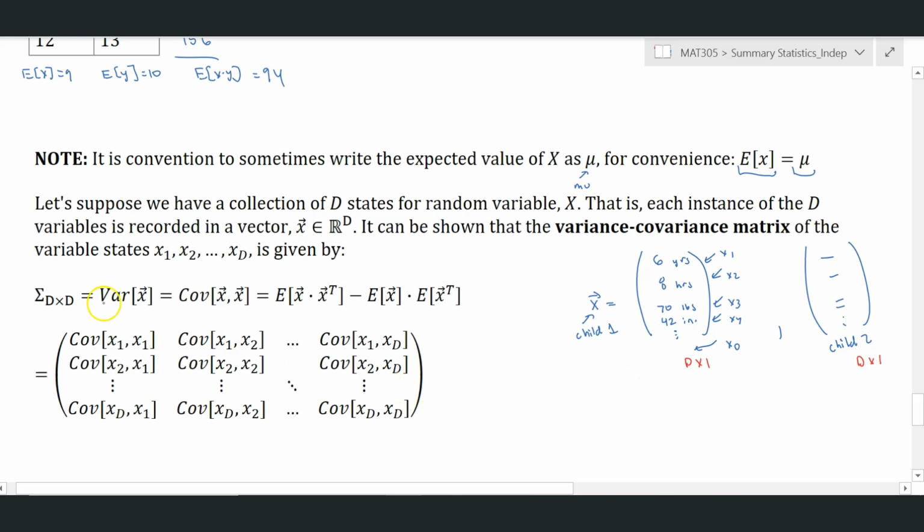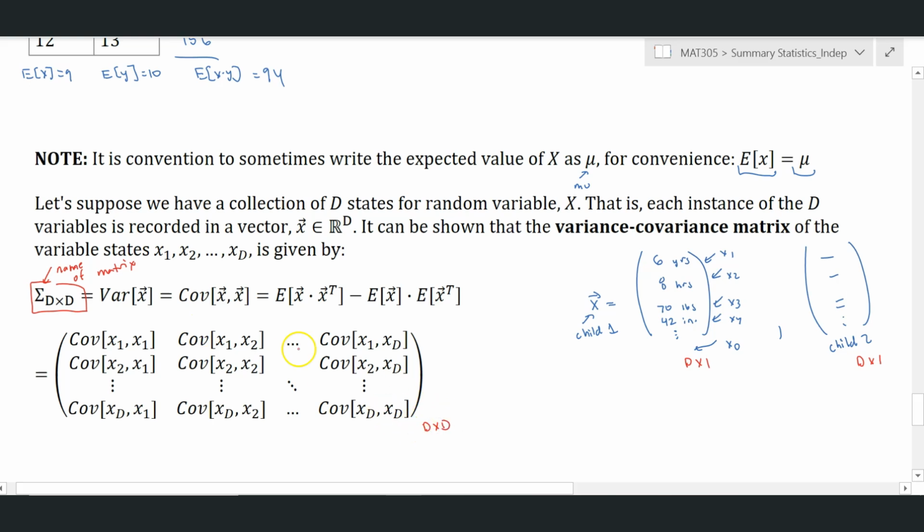And so what I'm going to end up with when I compute this variance covariance matrix, where the standard here, by the way, don't let this confuse you, the matrix is typically named capital sigma, not to be confused with summation. This is just the name of the matrix. Okay, it's going to be a d by d matrix.